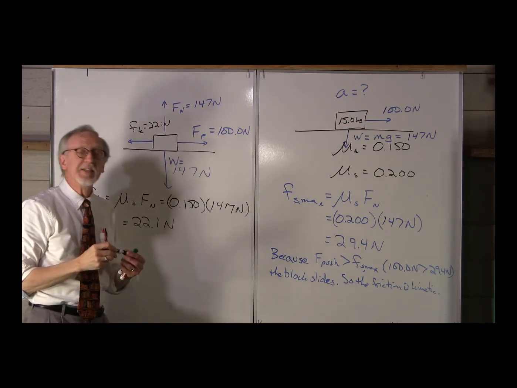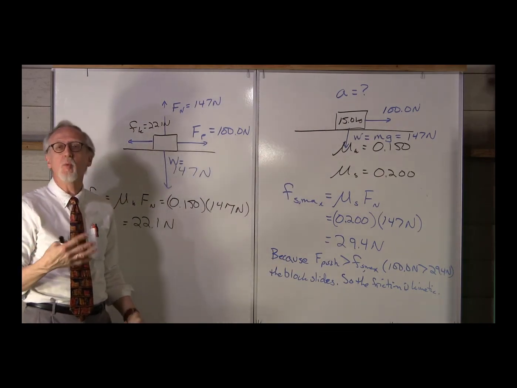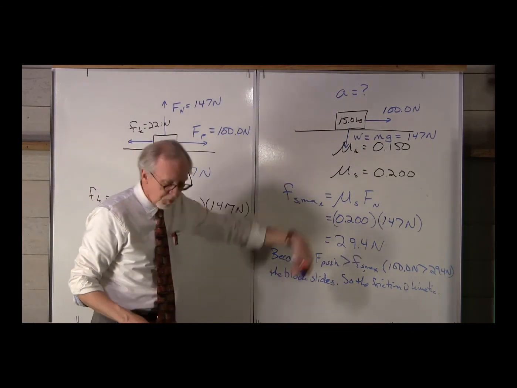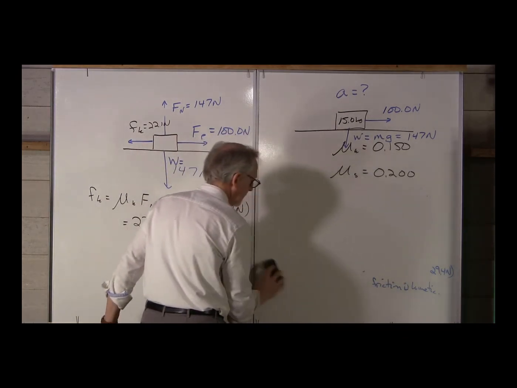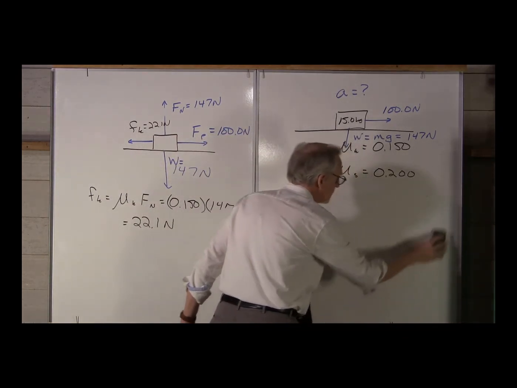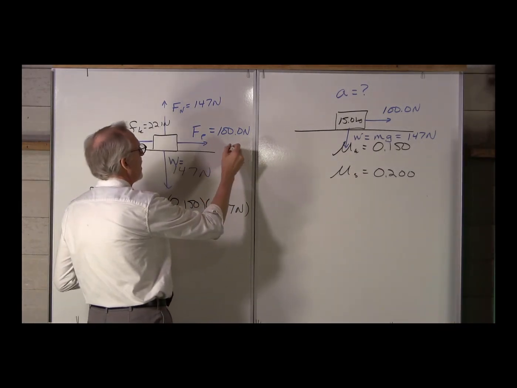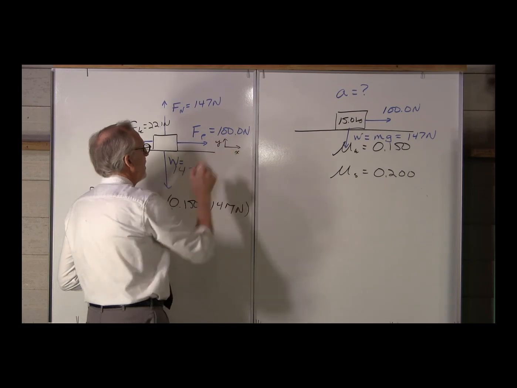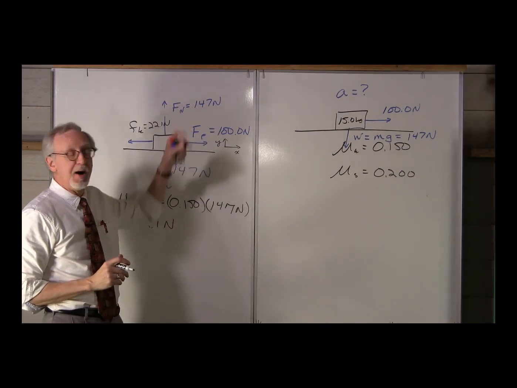Very, very good. Now in order to determine the acceleration, we have to figure out what's the net force. Let me just erase this part so we have a little more room. And again, let's keep in mind, I'm going to use this x and y coordinates. X horizontal positive to the right, y vertical positive up.